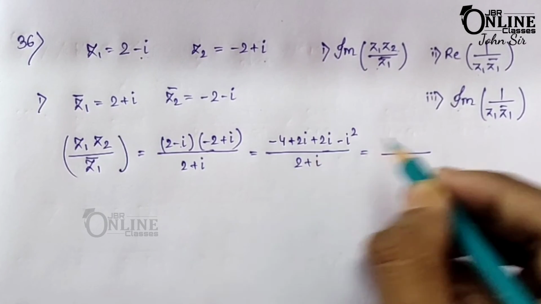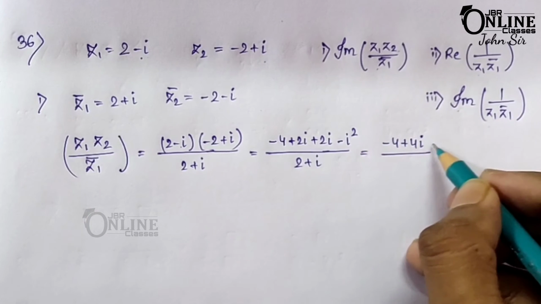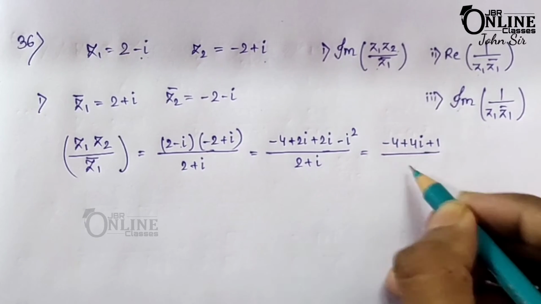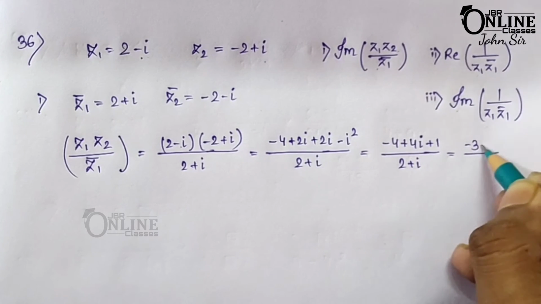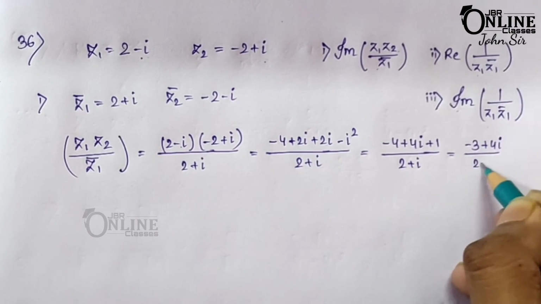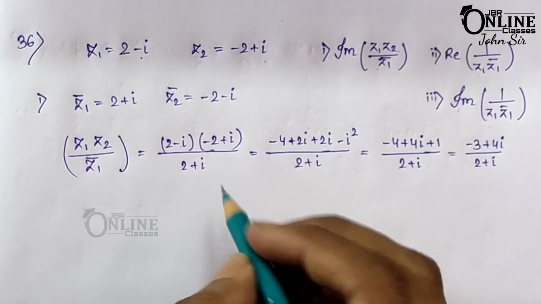So the upper one will be minus 4 plus 4i, and minus i square will be plus 1, then 2 plus i. So now it will be minus 3 plus 4i divided by 2 plus i. Okay, so minus 3 plus 4i.